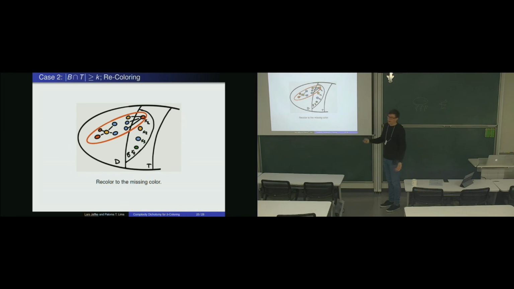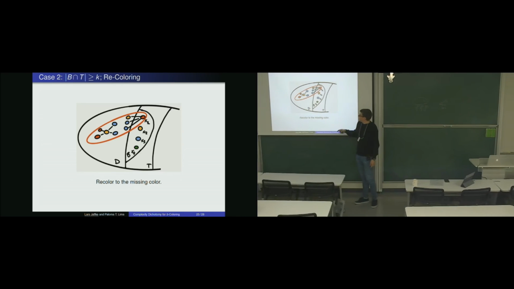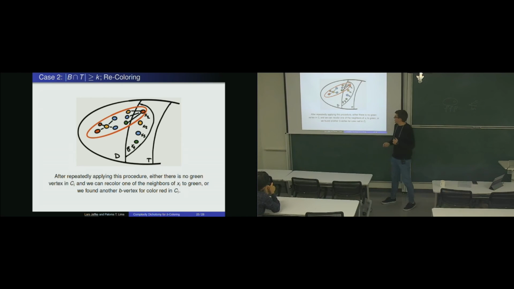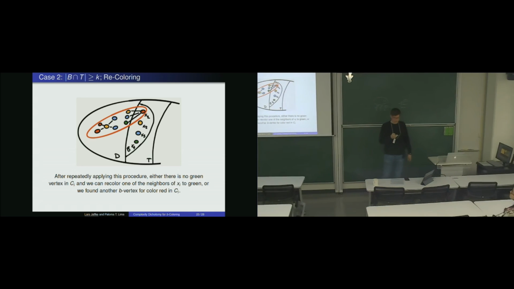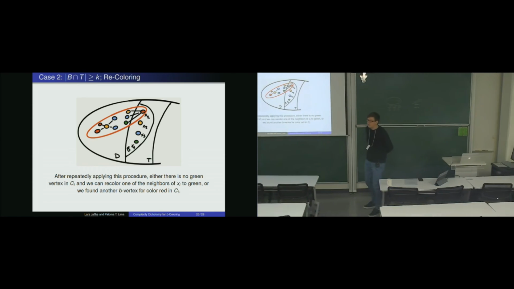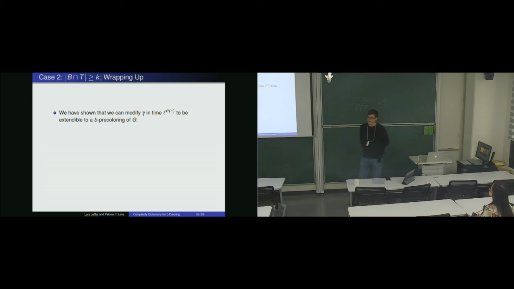Well, then we can just recolor it to something else. And this means that we can repeat this process such that either we found a B vertex for color red, or we removed one color from this component, and in that case we can recolor one of the neighbors to the missing color, and continue this process. It's not difficult to see that this only takes time polynomial in L.